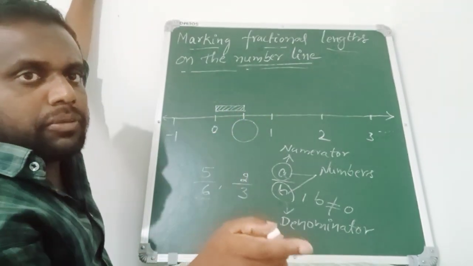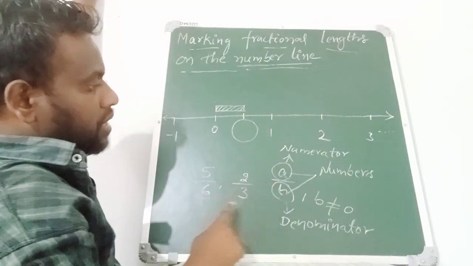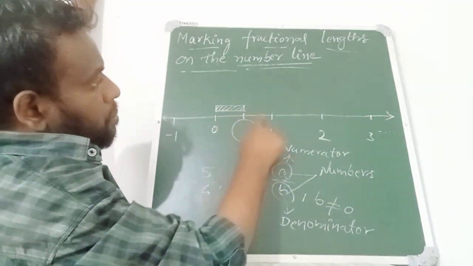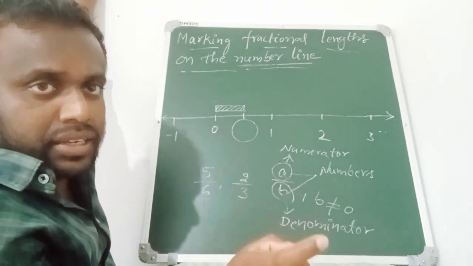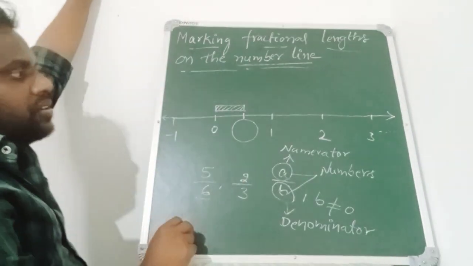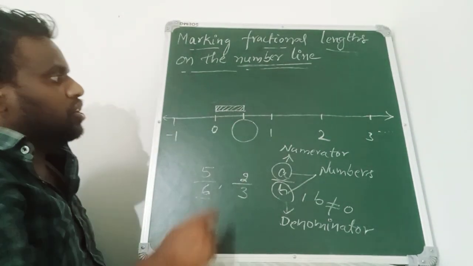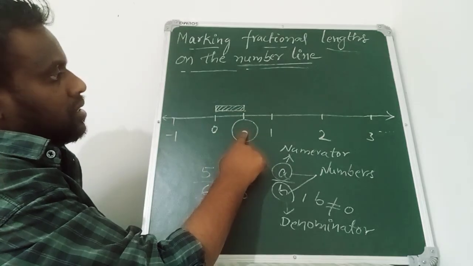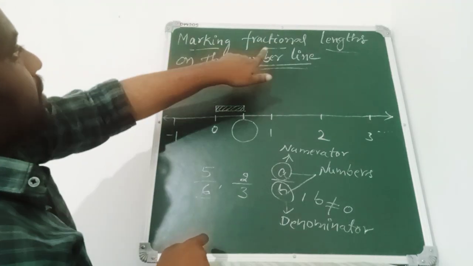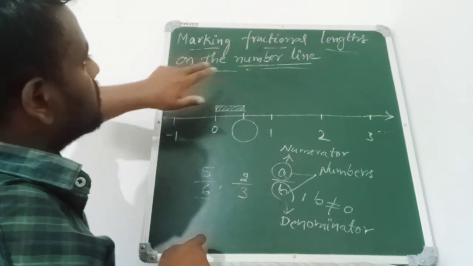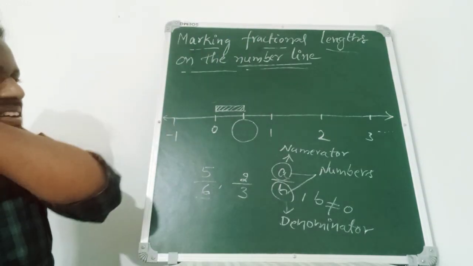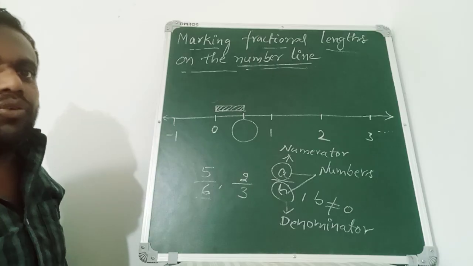That length will be fractional length, and you have to write it here on the number line. If you write the length of this here, it's like you are marking the length on the number line. Okay, that is the heading, marking fractional length on the number line. I hope you understood.